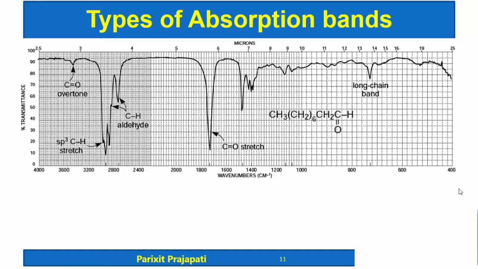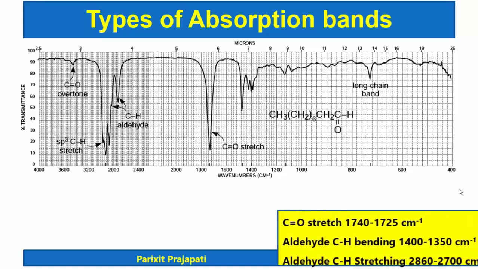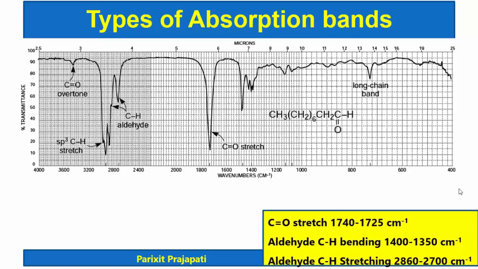So I told you that each and every particular bond will have its own absorption frequency, which corresponds to the vibrational frequency. So here in this example, the aldehyde C double bond O stretching vibration appears at these known reference values.